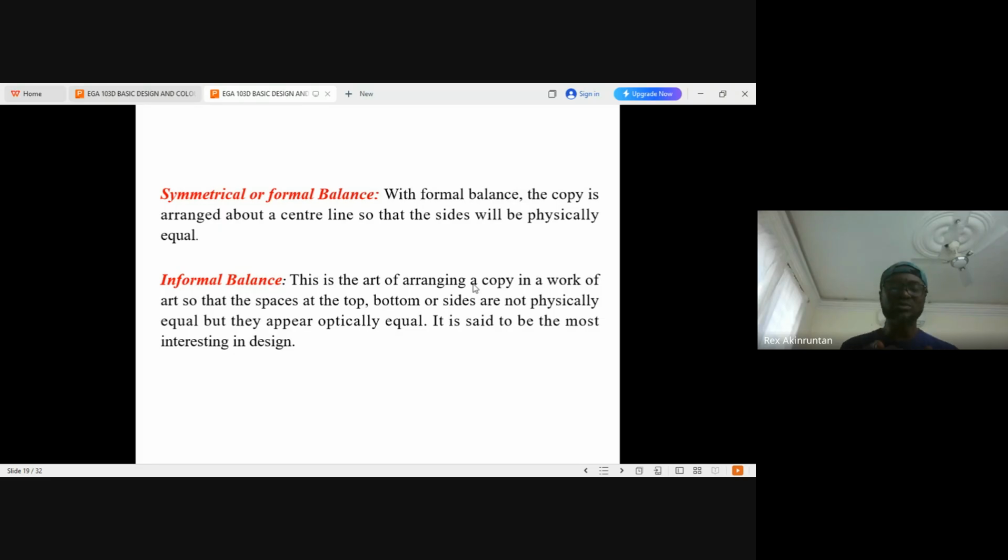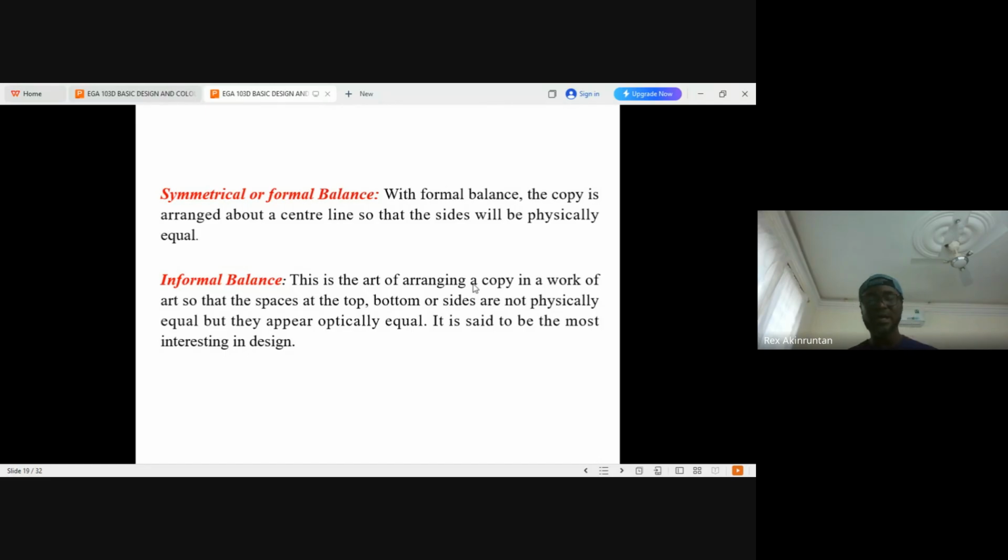Now, informal balance also deals with copy, but here the copy is not the same. That's why I use the jacket. If you split a jacket into two vertically, this side will have the same thing that is here: if there's one pocket here, there's one pocket on the other side; if there's a sleeve here, the other has a sleeve.